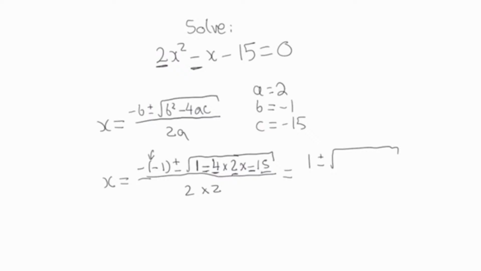So let's just wait a second. I think I might have put this in wrong. Let me just double check this. Have I labeled the things wrong? I feel like I've done something wrong. Wait a second.